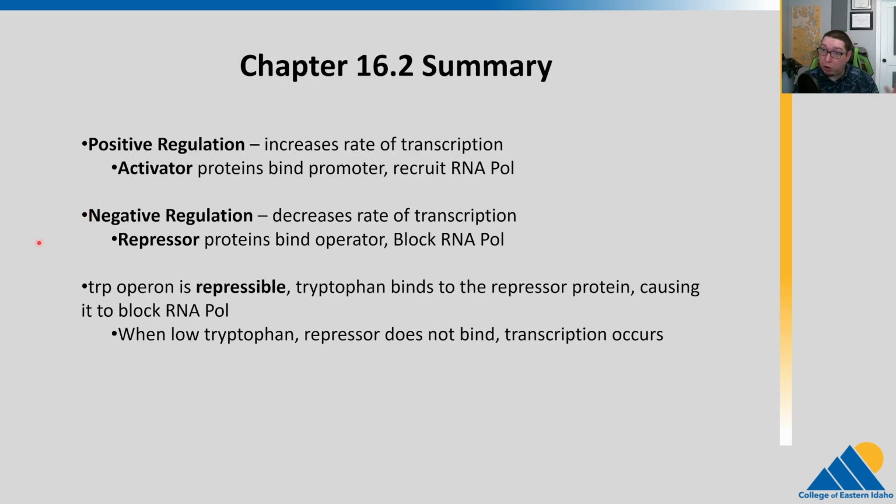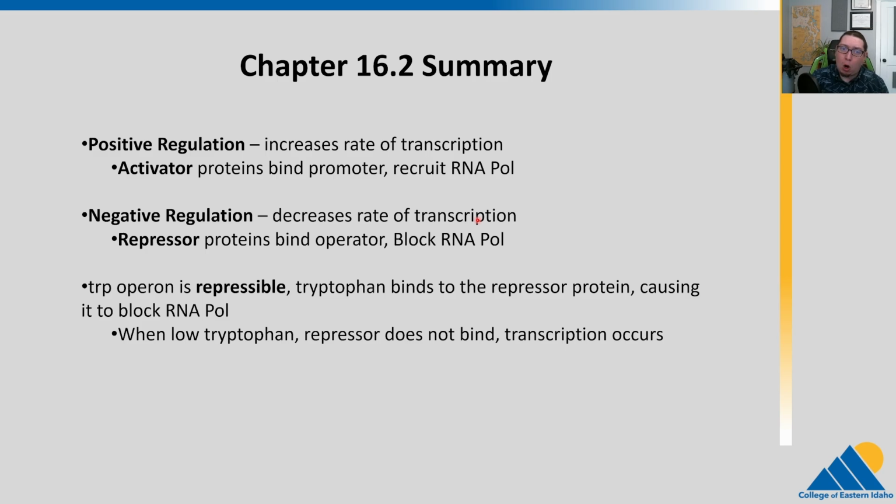All right, let's summarize what we've learned here. We learned about the two types of regulation. Positive regulation increases the rate of transcription in prokaryotes, and we have activators. These are proteins that bind to the promoter. They recruit RNA polymerase to increase the rate of transcription. Negative regulation, on the other hand, decreases the rate of transcription, usually through repressor proteins that bind to an operator.